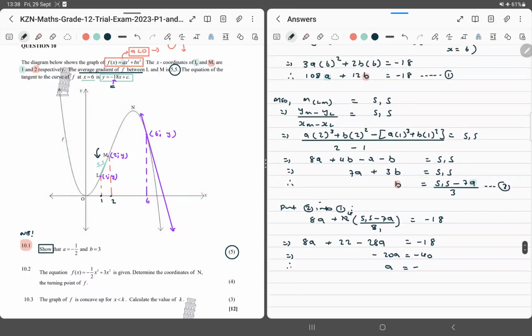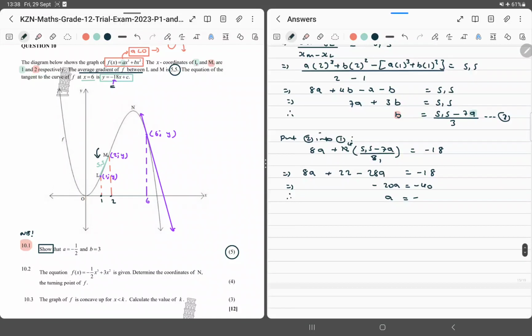Did we copy things correctly here? Why am I getting a positive answer? We are not supposed to find a positive answer.